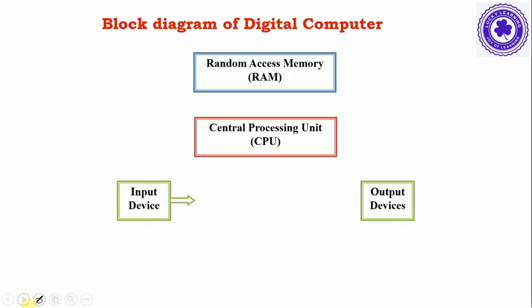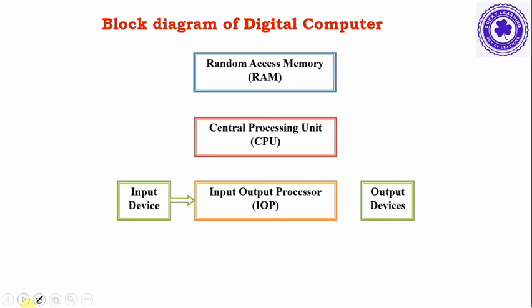And for this, we have an input output processor. What will the input device do? It sends input information to the IO processor. The IO processor processes the input into a form understandable by the CPU and sends it to the CPU to process. This processing can also be done based on the data that is already stored in the RAM, random access memory.